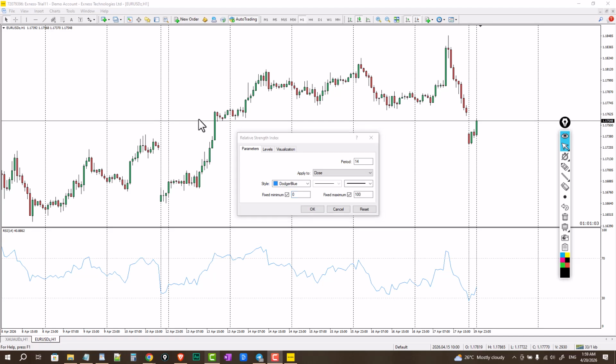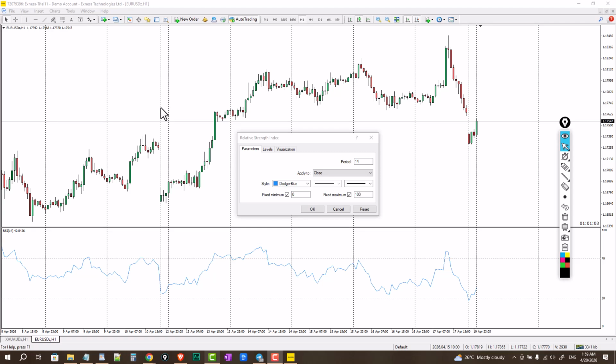So conventionally, or traditionally, the way that traders tend to use the RSI indicator is to identify overbought and oversold areas on a price chart.